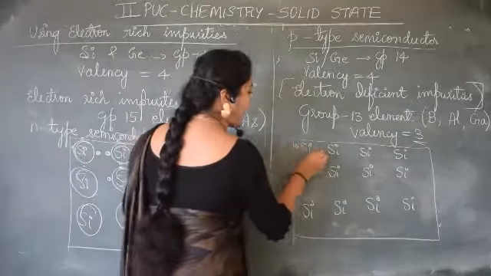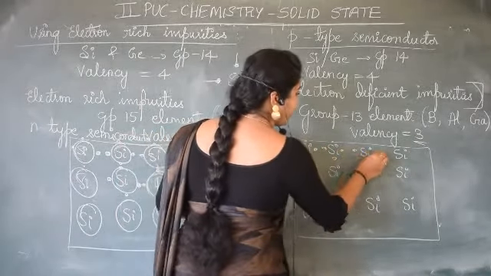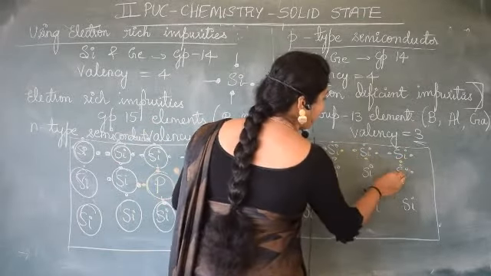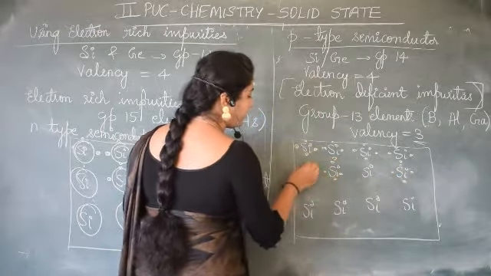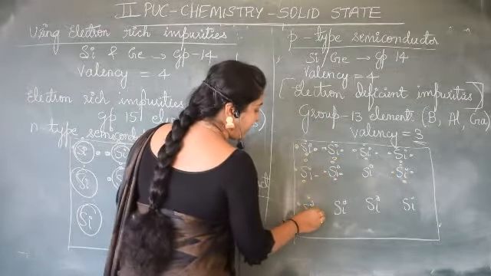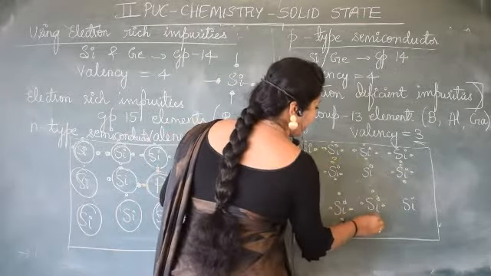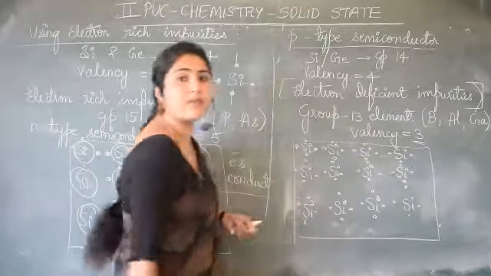It will go on forming bonds with the neighboring ones by sharing of electrons like this. This is how the bonds will be formed.